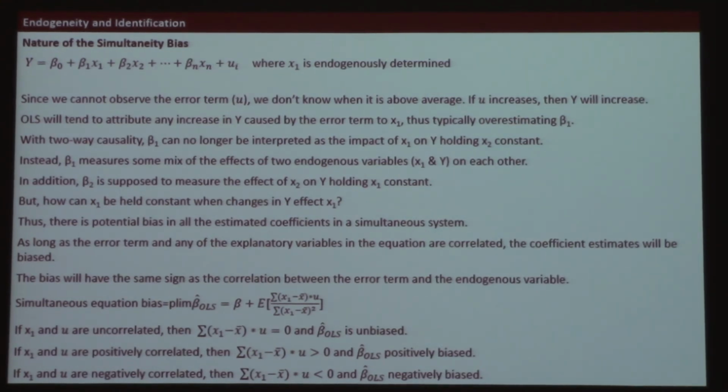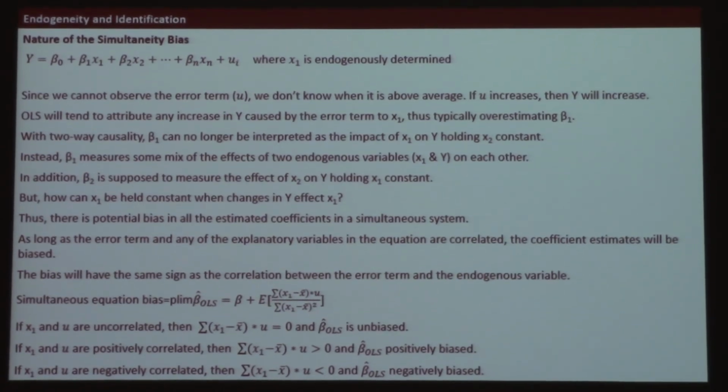What happens? Let's increase the error term. An increase in the error term is going to shift out our equation, right? It's just a constant, so it's a shifter. It's going to shift out our equation like that. So when the error term increases, what happens to price? It increases also, right?